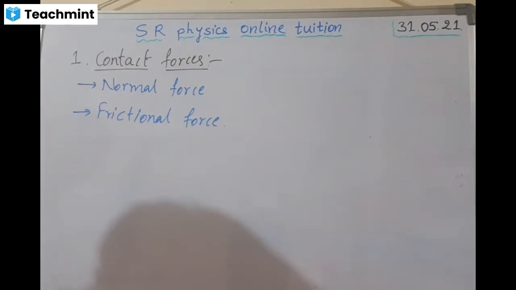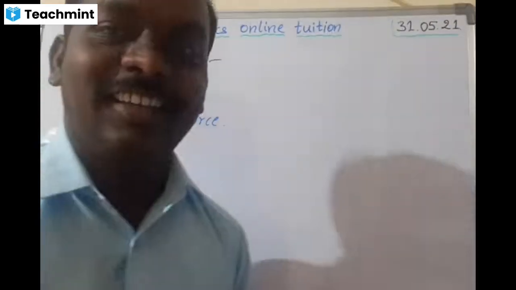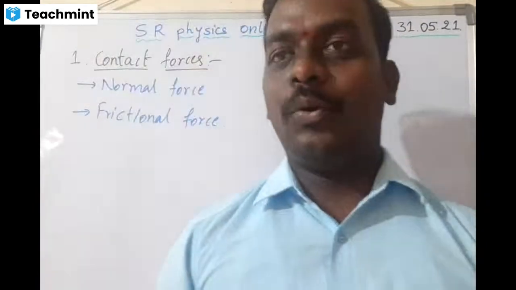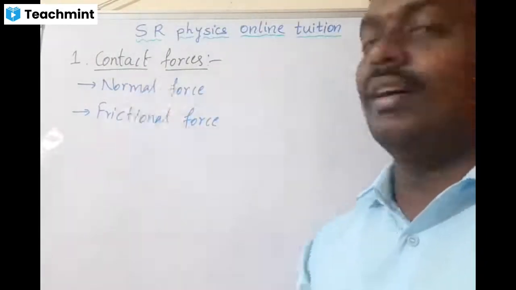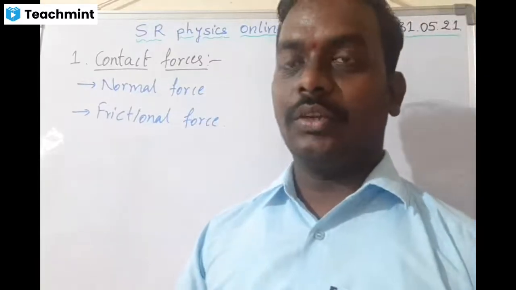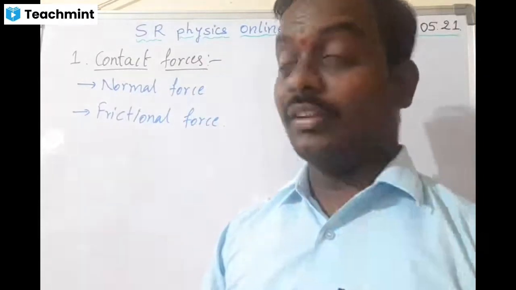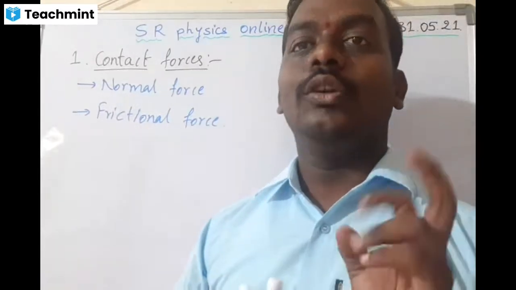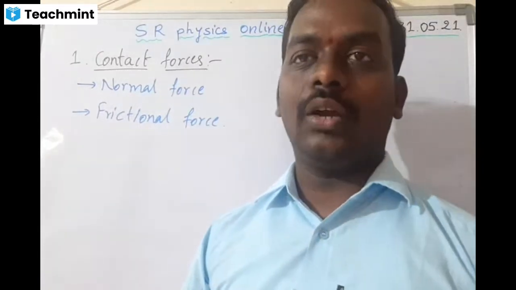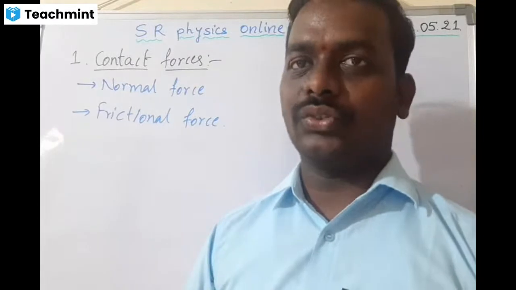What is friction then? Yes, opposing force. Very good, you have said. So the normal force and frictional force are the two best examples that we can take for contact type of forces.